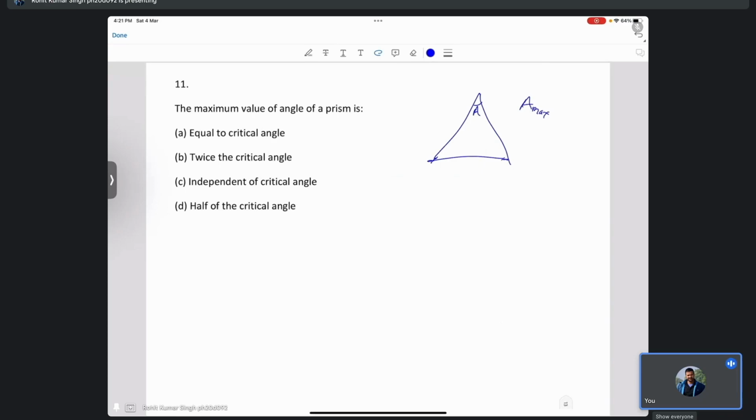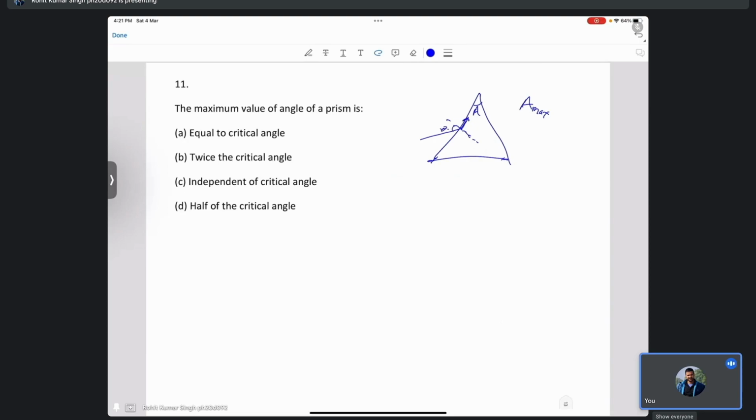Is it equal to the critical angle? Critical angle is this angle of incidence after which this light ray goes to 90 degree. The angle of refraction is 90 degree.